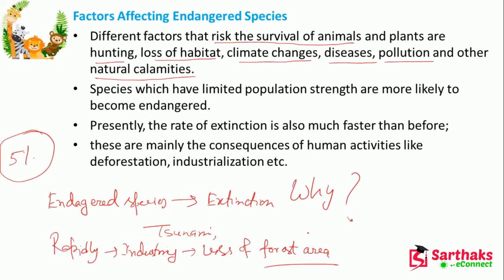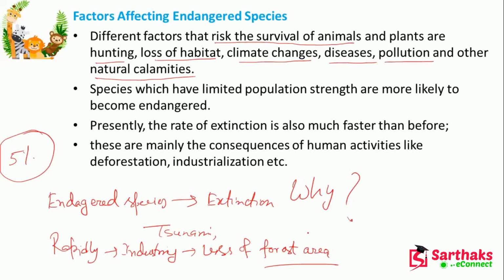Deforestation, like I have told earlier, we are doing because the human population is also increasing. And if the human population is increasing, then we require more cultivation, because more crop grain is required. So we should increase the cultivation land.